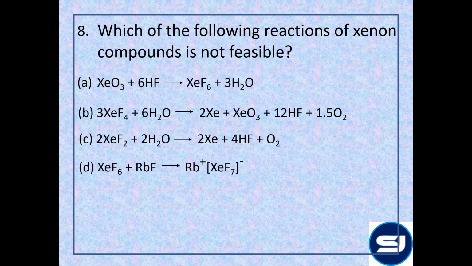Xenon का tetrafluoride on hydrolysis, xenon का difluoride on hydrolysis, and xenon hexafluoride with metallic fluoride. Achha, can you tell me which reactions are known to you? B, C. B and C.